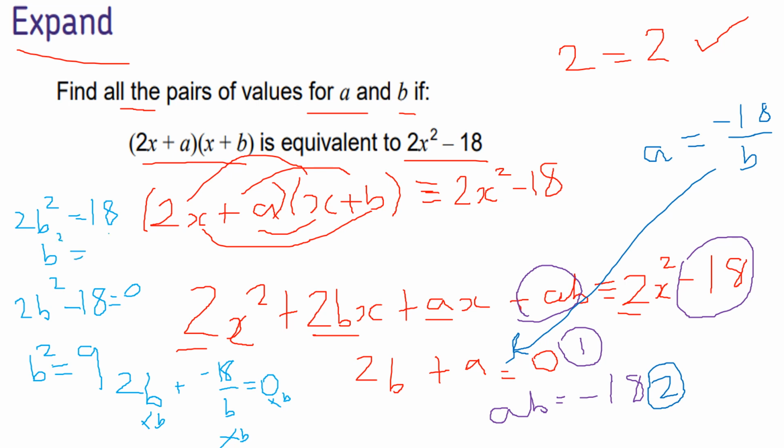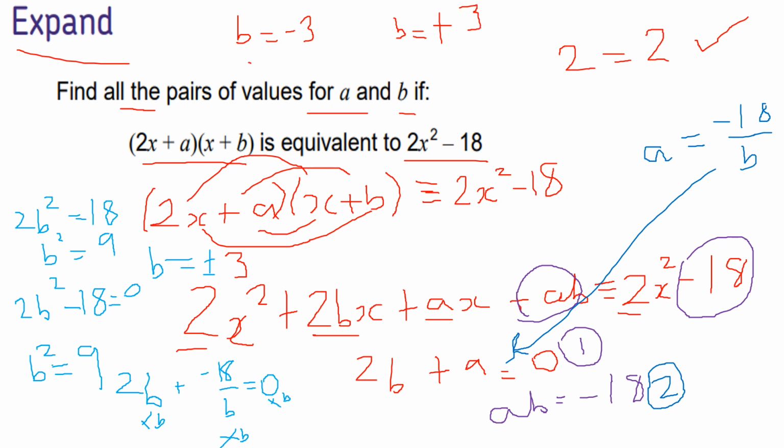So b is equal to plus or minus the square root of 9, which equals plus or minus 3. Hopefully it's making sense so far, guys. So I can have b as negative 3 or b as positive 3, and that will give me 2 different values of a.